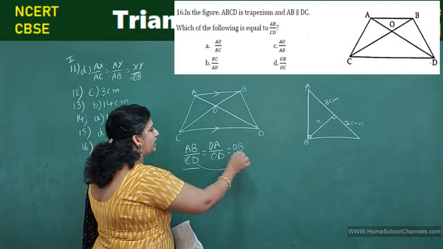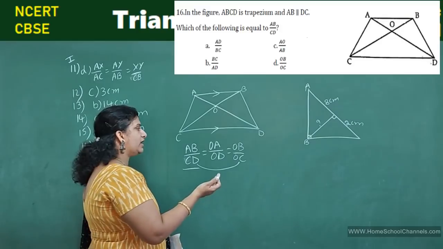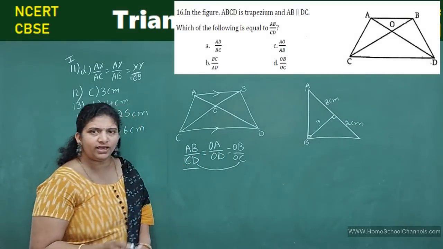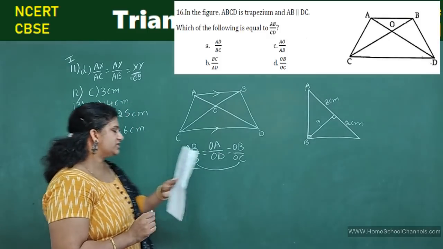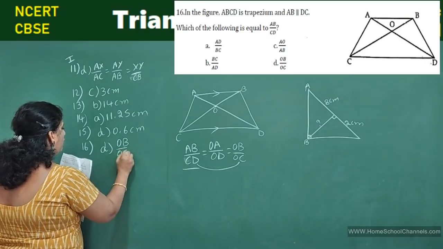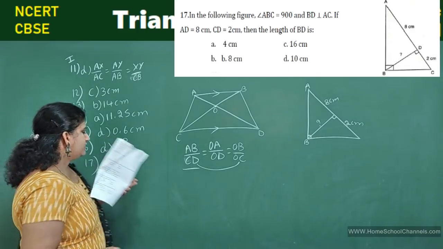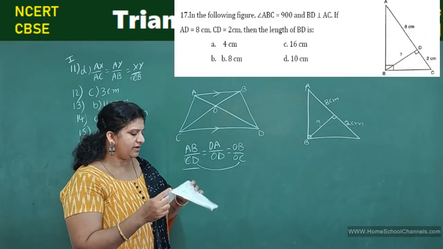Yes, this option is there in your question. Suppose in your question you have OA by OD, you go with that option. Right? So your option is option D, OB by OC.